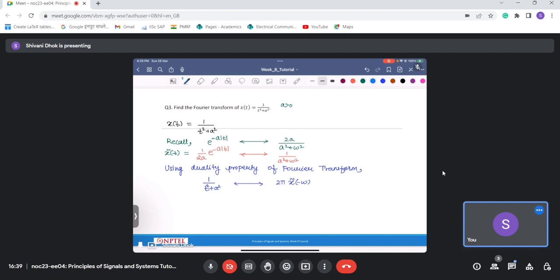This is equal to my capital X of omega. Therefore X of omega is equal to 2 pi into 1 by 2a e power minus a times mod of minus omega, which is simply, this 2 gets cancelled, pi by a e power minus a mod of omega.